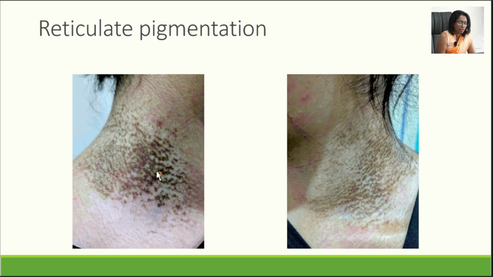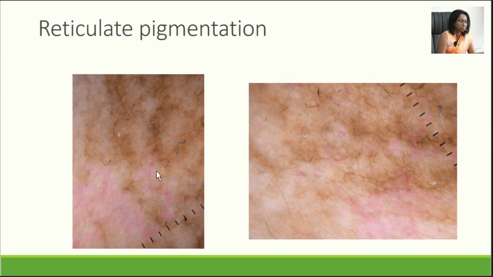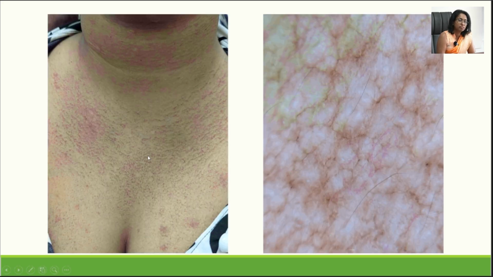Again, here you see the pigmentation and the increased blood vessels. In this patient we biopsied and we saw the number of melanocytes was increased. That means there is something happening inside. So this is what's happening with these cosmetics.